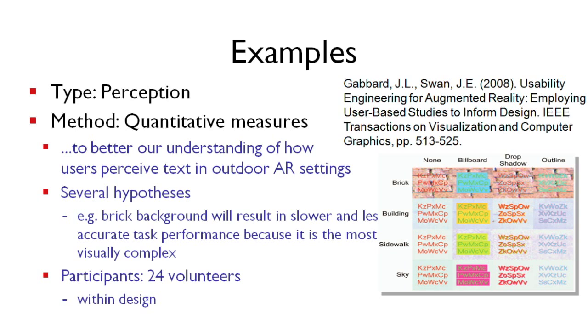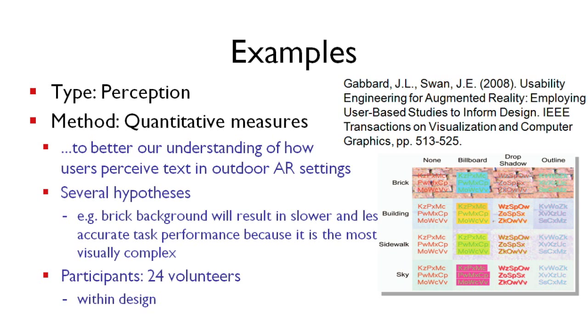So they came up with a study with different text colors, different text backgrounds, and then compared those in a user study. They started off with several different hypotheses. For example, a brick background will result in slower and less accurate task performance because of the visual complexity.